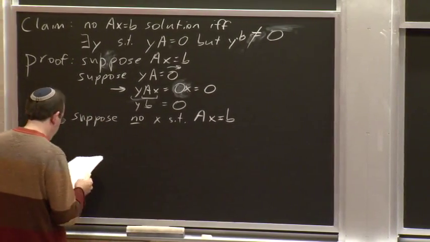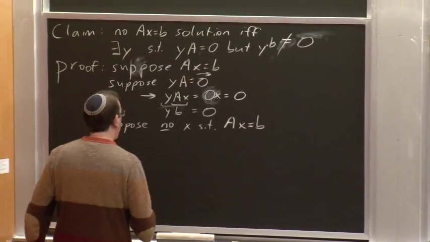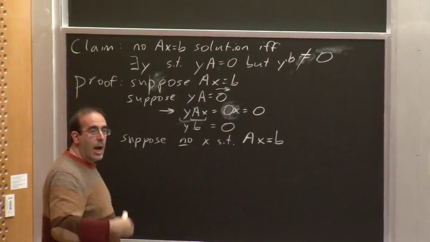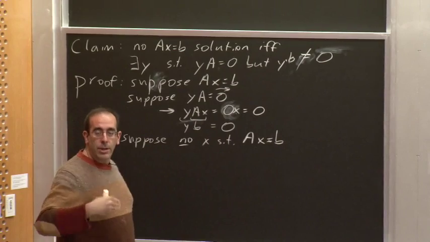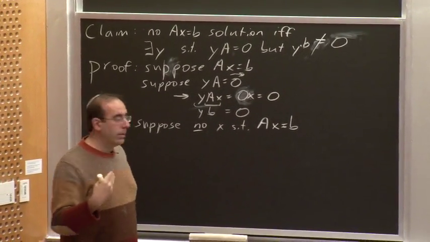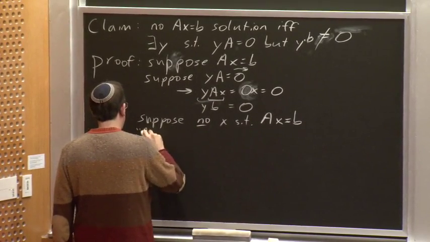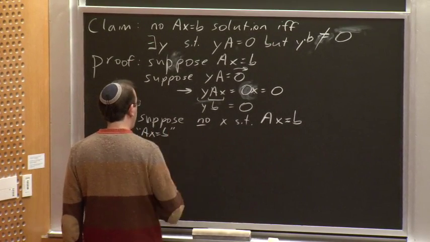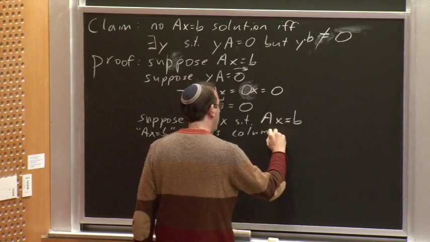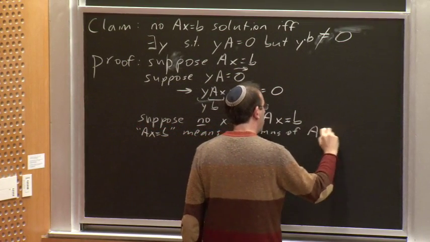So the way to think about this is that the statement that ax equals b is a statement that there's a linear combination of the columns of A that produces b. Right? So the statement that ax equals b means the columns of A span b.